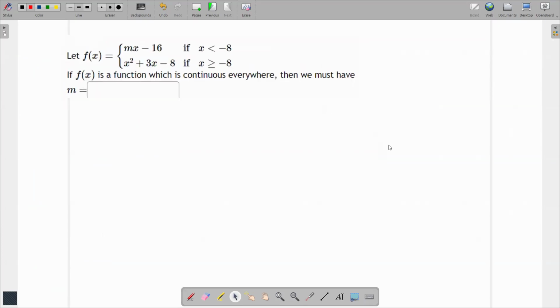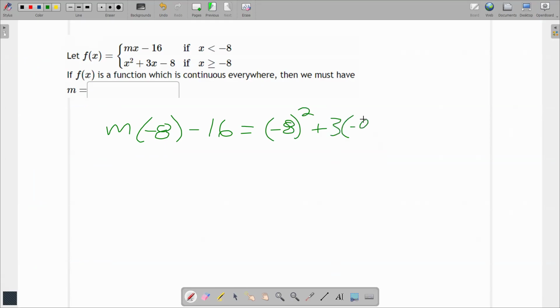So since we want it to be continuous, the 2 parts have to match at the given x value. So I could type m times negative 8, because that's the x value I want mine to match, minus 16, has to match, and I'm just going to plug in for x, negative 8 squared plus 3 times negative 8 minus 8.